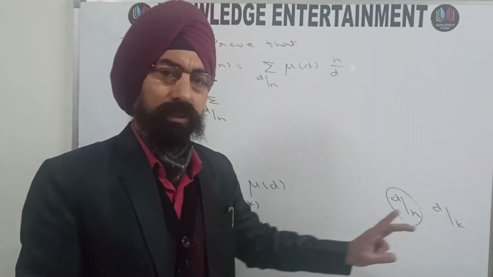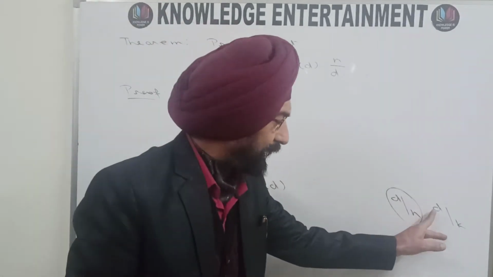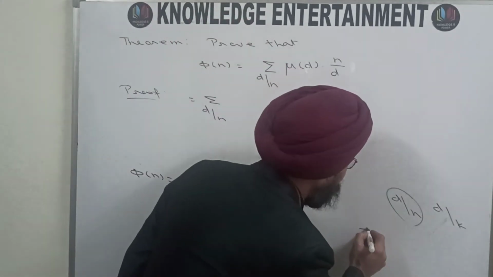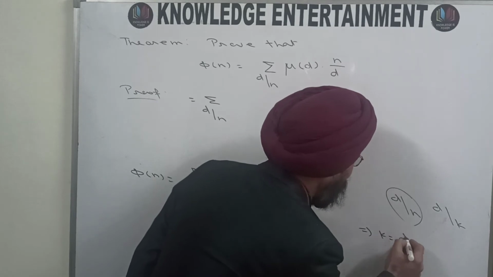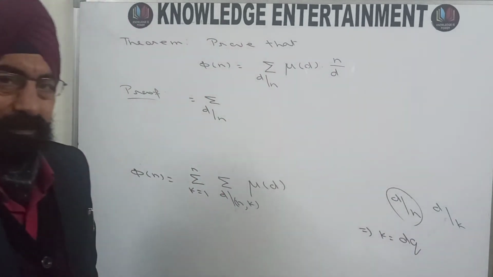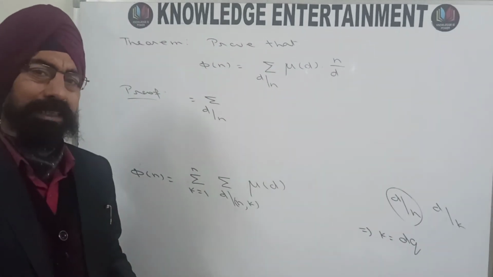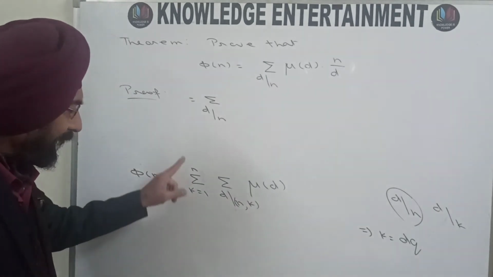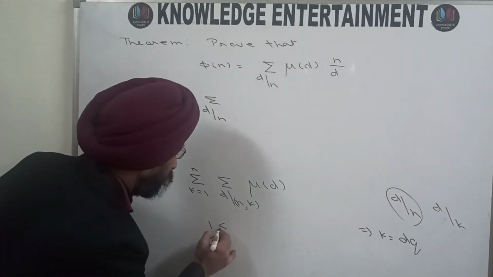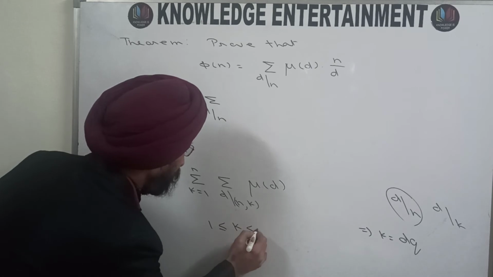This I will use. How to use this? d divides k means k is some integral multiple of d, and your k lies between 1 and n.